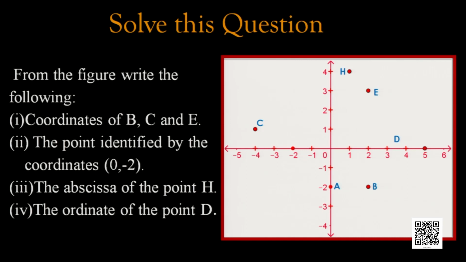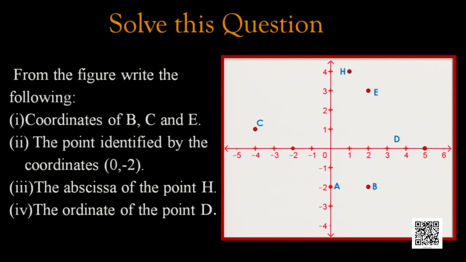Solve these questions. From this figure, write the following. Number 1, coordinates of B, C and E. Look at this diagram. This is the Cartesian plane together with two axes, the x-axis and y-axis.